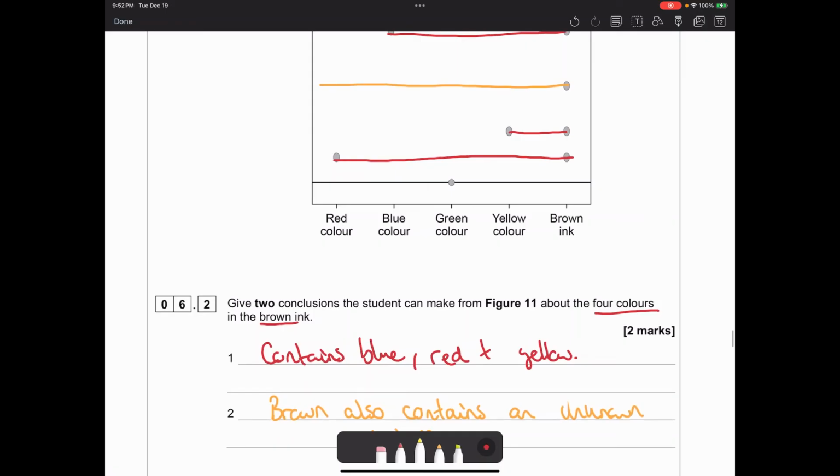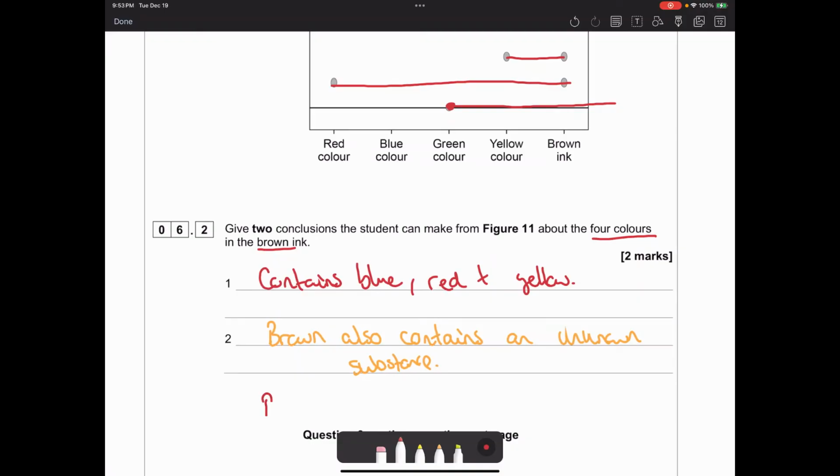You also know, because the green doesn't match in the brown ink, you could also say brown does not contain green. And that would be the kind of key points that I would be saying about the colours that are in the brown ink.